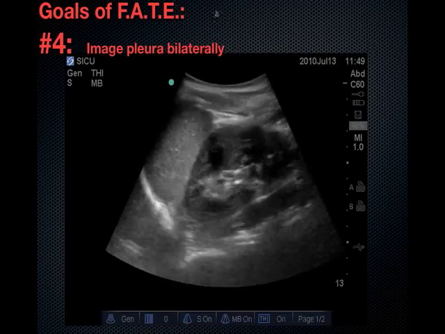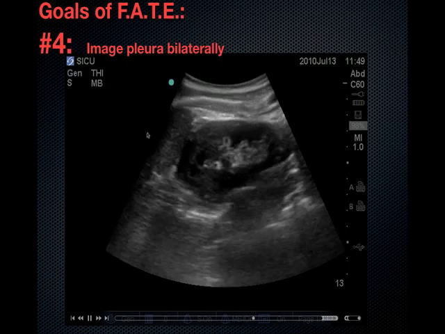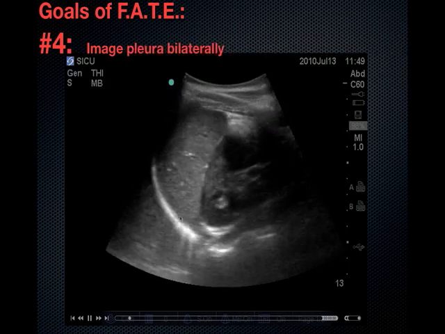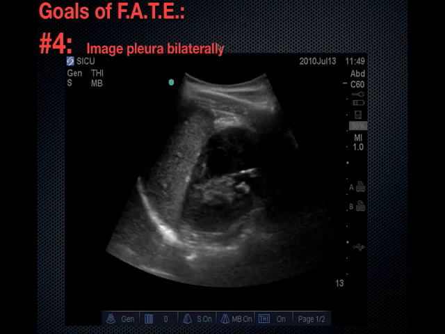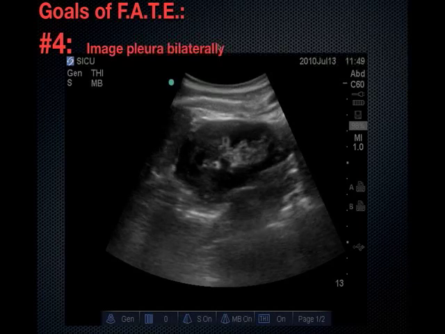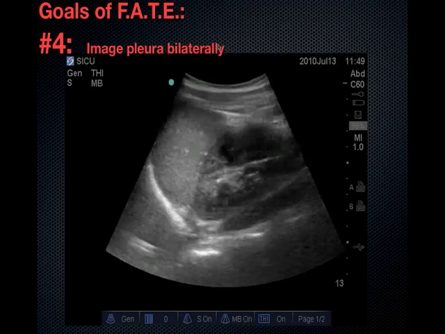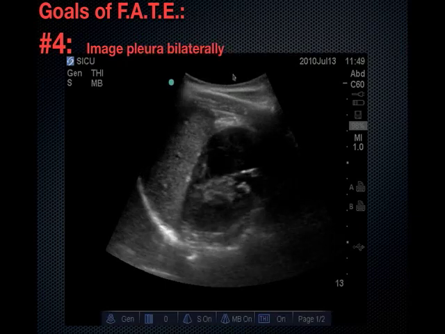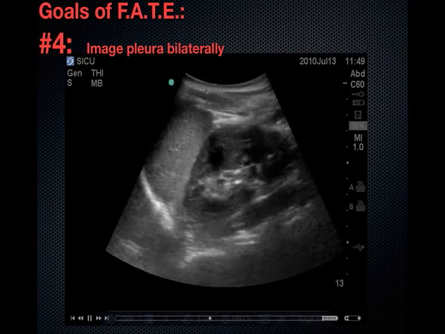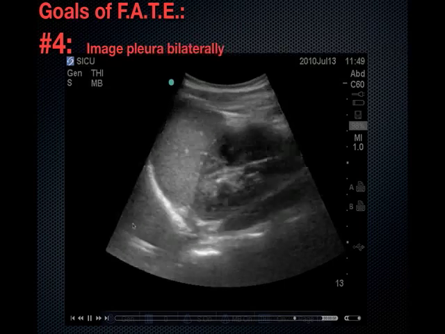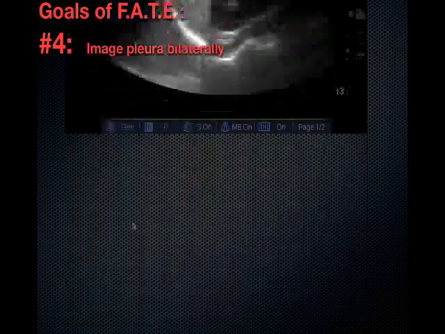We have the ultrasound waves glancing off of the very reflective diaphragm, coming back up to the probe slightly delayed because of the glancing, and the probe interprets time as distance. So if it took a little bit longer to get up to the probe, then the probe is interpreting that there's liver deeper. So we have a mirror image artifact of the liver. That's normal.